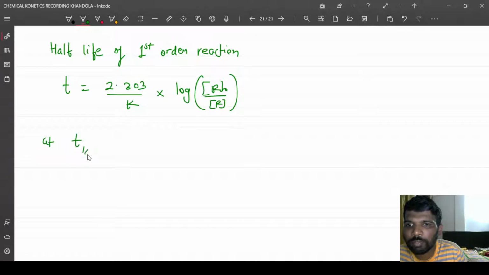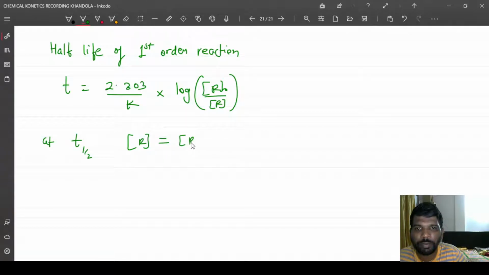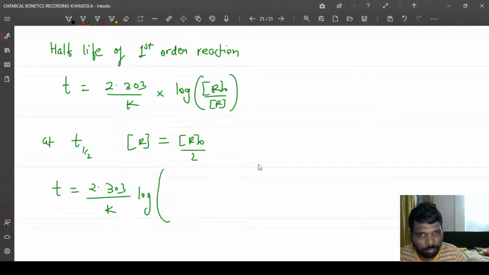At t half, R will be equal to R0 by 2. So instead of R, I will be writing R0 by 2. So t will be equal to 2.303 divided by k into log of R0 divided by R0 upon 2.